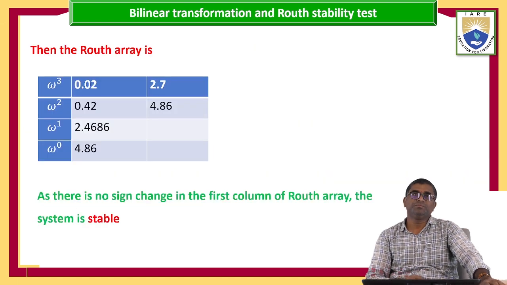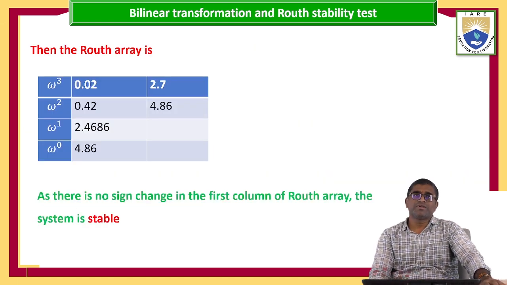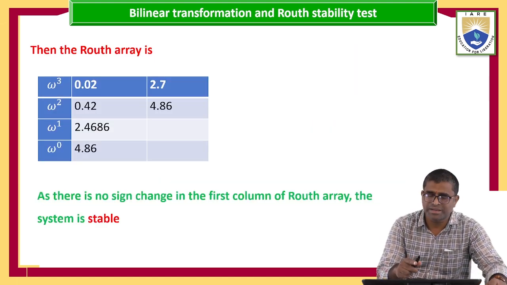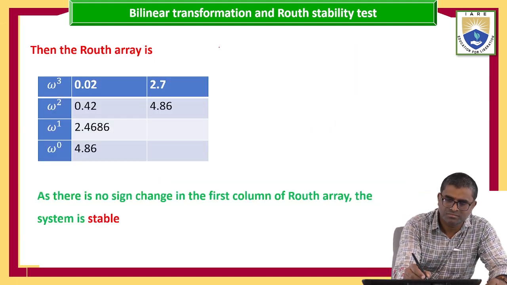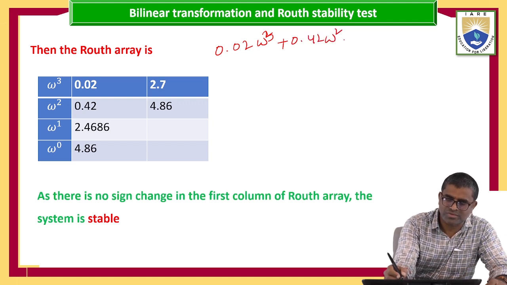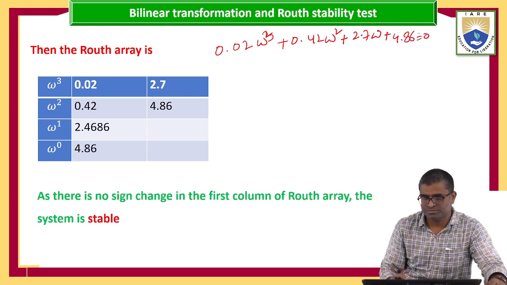We got this one. So, what we got? 0.02 omega cube plus 0.42 omega square plus 2.7 omega plus 4.86 equal to 0.